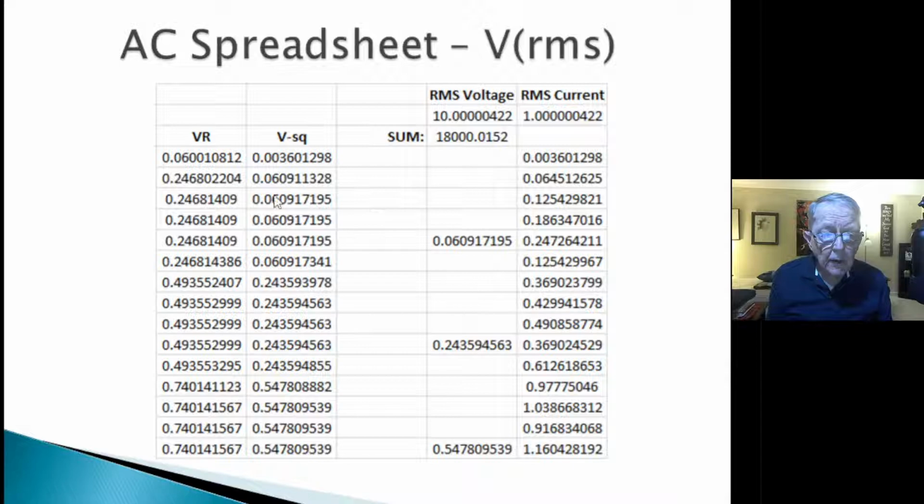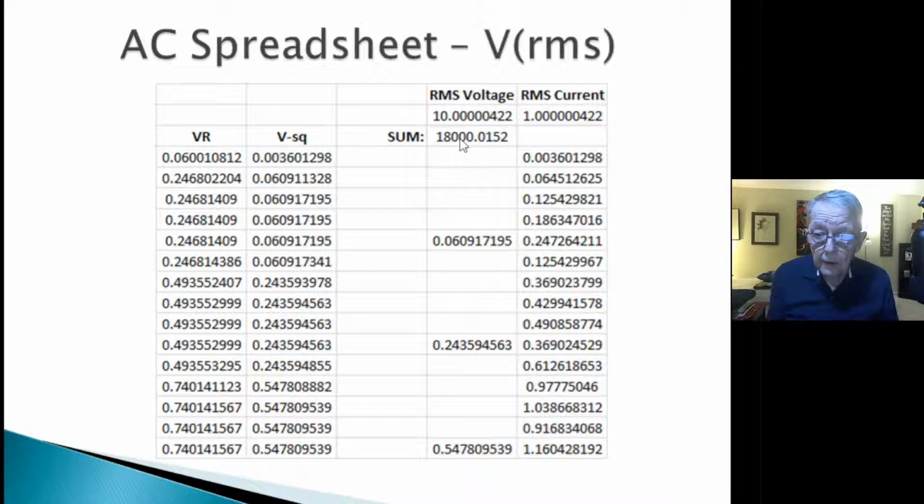I also calculated, in the same spreadsheet over a different set of columns, the voltage across a resistor. I squared the voltage, since I'm doing the RMS of the voltage around the resistor, and I only took every fifth one. Once it was stable, I took that voltage and added all of them up, and I got 18,000. You divide the 18,000 by 180.